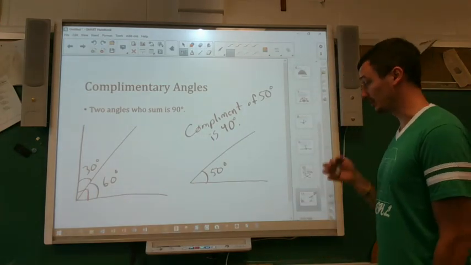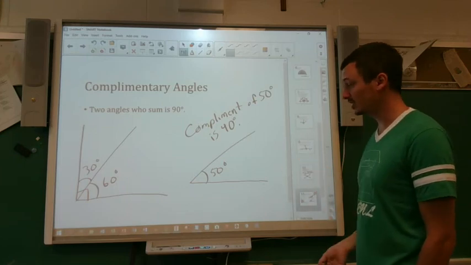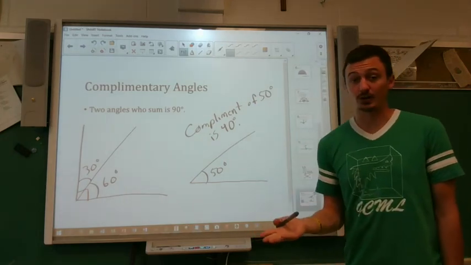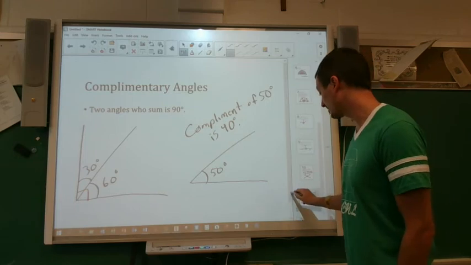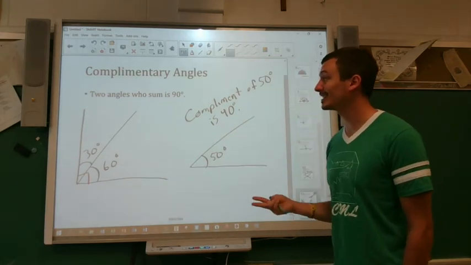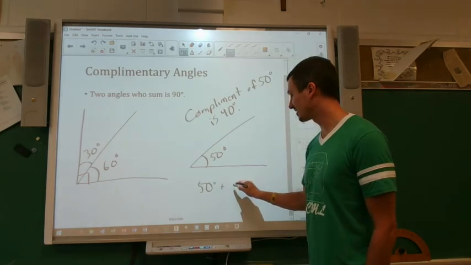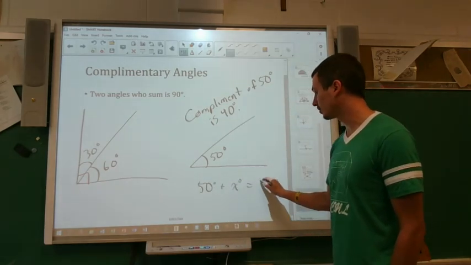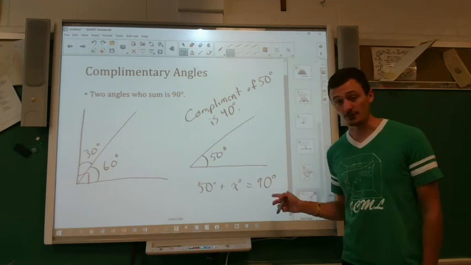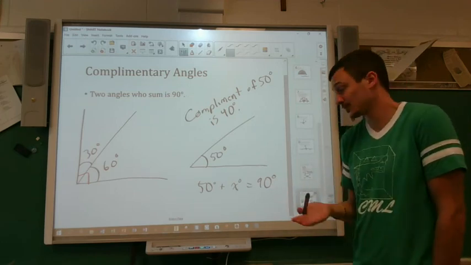How would I figure that out? I would just take 90 minus 50, and I get 40. It's the same as solving for x. So if I know that 2 angles added together is 90 degrees, I can say 50 degrees plus some angle measure x is going to be 90, and I just solve for x. That's all. Just a little bit of algebra.